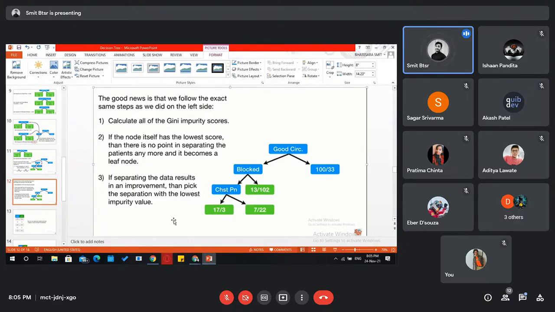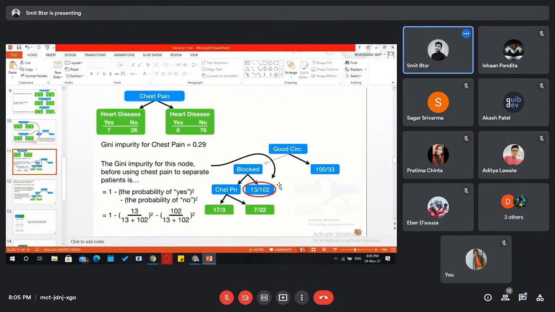We have to learn that when there is very little impurity, then we can rely on that decision. So here, after calculating the impurity, it's very low, you will get 0.2 or something.